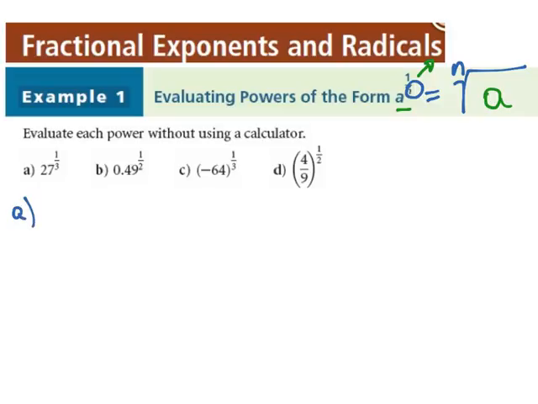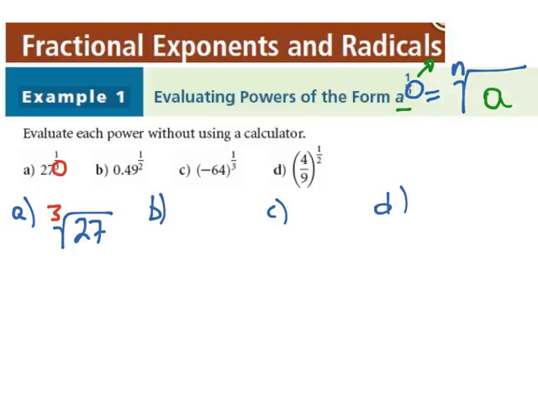So with 27 to the power of a third, 27 will become the radicand, while the 3, the denominator of this fraction, becomes the index of the radical.